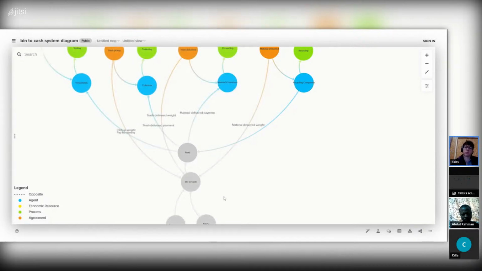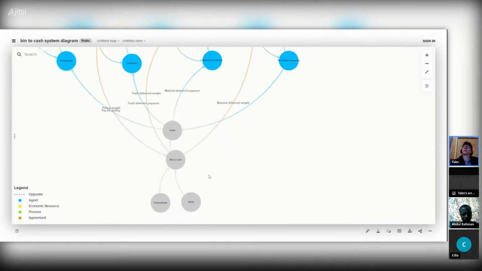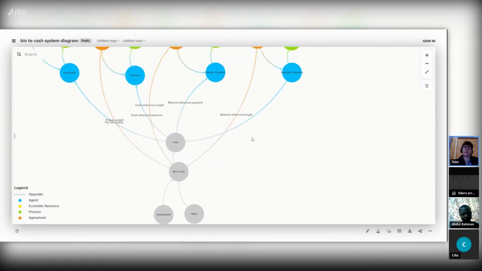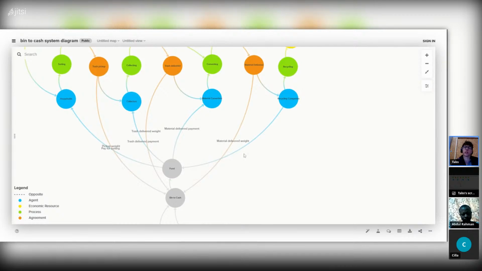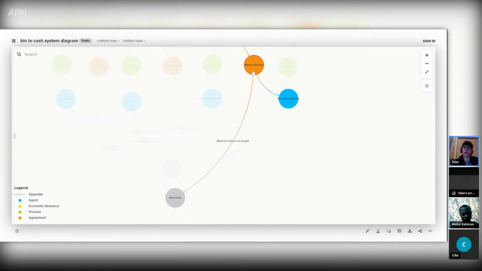But then Abdul Rahman, we were also talking about how we were trying to understand what conditions or incentives they would pay for the fund. And we touched on that if the recycling material was higher quality, then they would basically be paying for higher quality recycling materials.